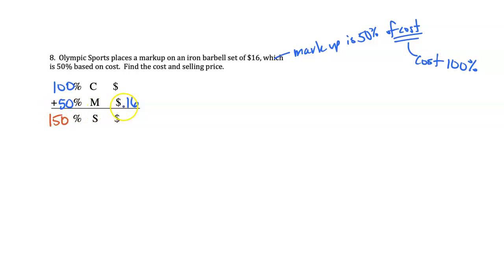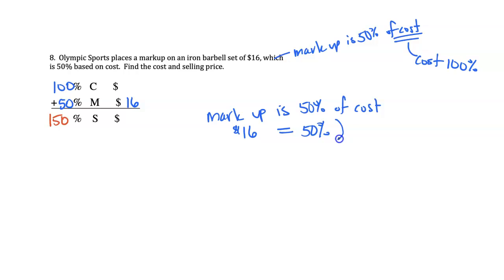I can also use that middle row again. Markup is 50% of cost. That tells me my markup dollar amount of 16 is equal to 50% of cost, so we're going to multiply by cost.